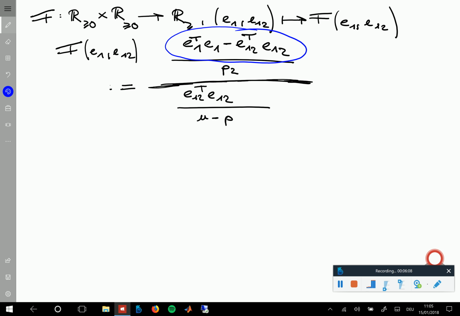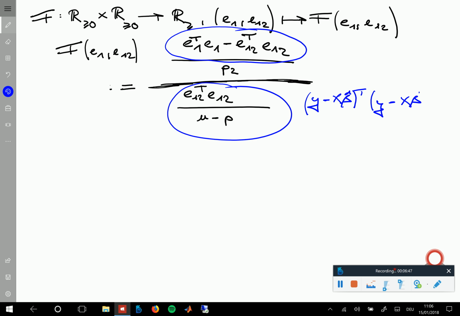Then in the denominator we have this expression. So does anyone remember what that is? Roughly? No? Okay, so if you write it out, you get y minus x beta hat transposed times y minus x beta hat, divided by n minus p.